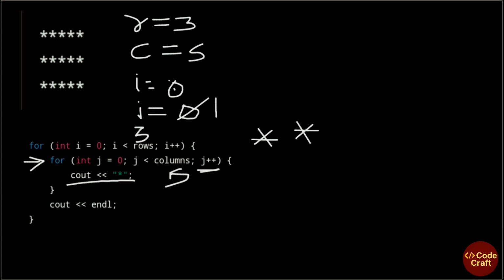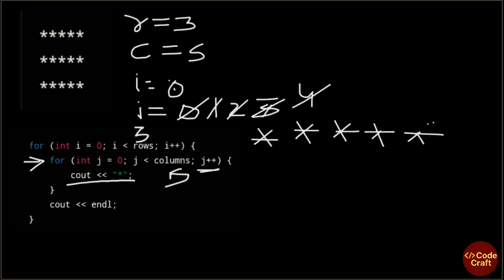In the same way, j becomes 2, j becomes 3, and j becomes 4, and we have 5 stars in the first row. After this j becomes 5, and 5 less than 5 is false, so the compiler comes out of the loop and runs the cout endl line, and we have a next line.